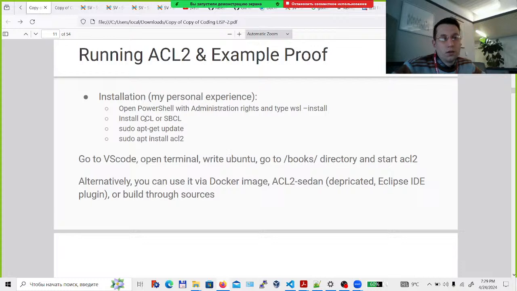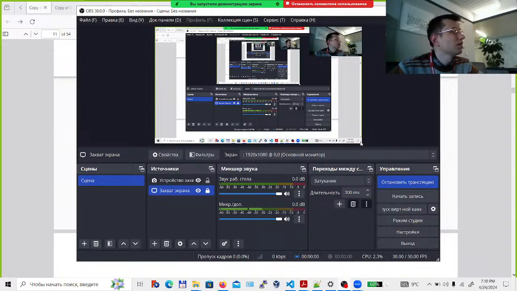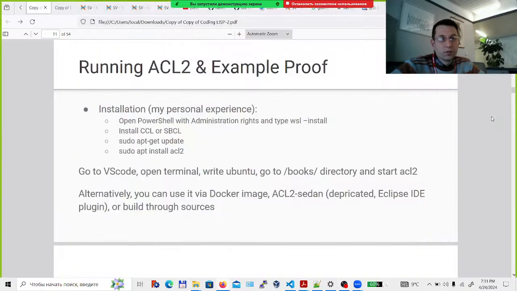About the Clozure Common Lisp distribution and a CCL compiler for the Lisp. Then I did some kind of update, and also it's running.